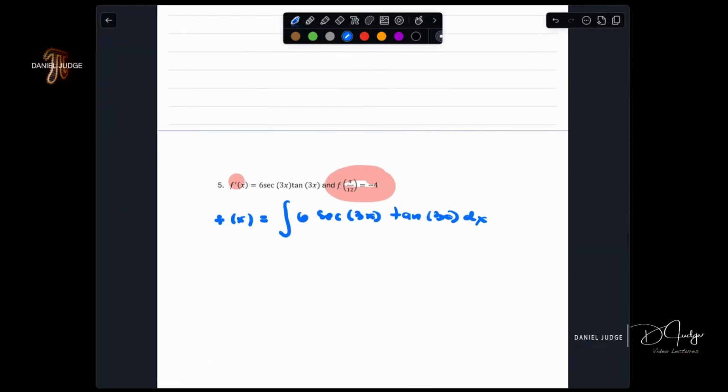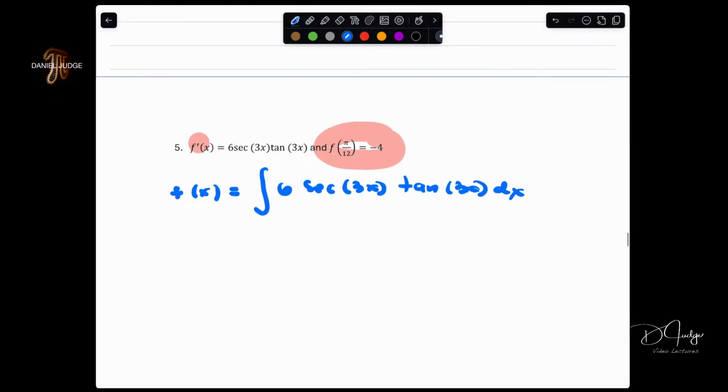Okay. So again, we're going to have to integrate using u sub, where u here is 3x. So we have u substitution here. If that's the case, du dx is 3.